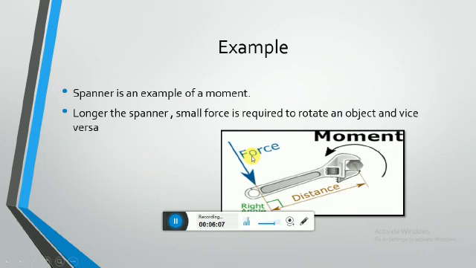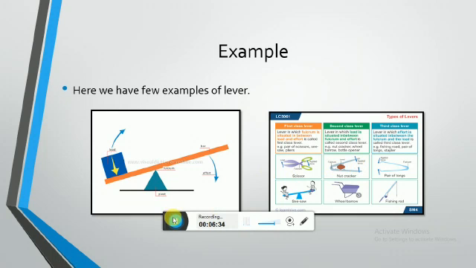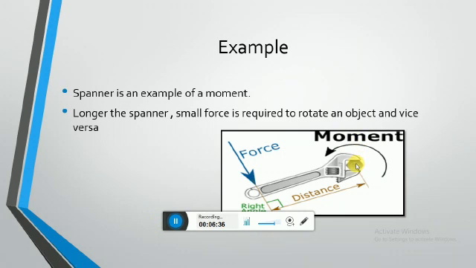This is another example, related to a spanner. So spanner is another example of a moment. Look at this figure. We want to open or close this nut. Whenever we want to open or close this nut, it will definitely rotate. So this point behaves like a pivoted point, and here is a spanner.